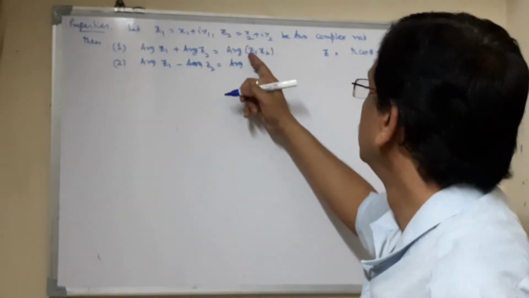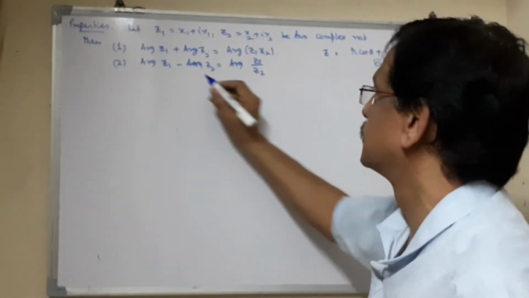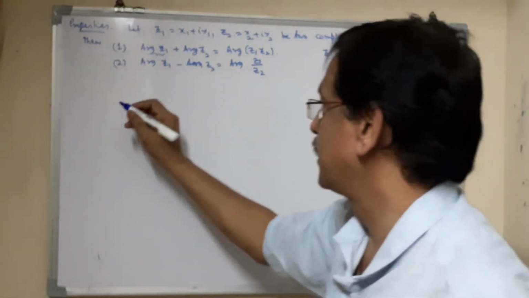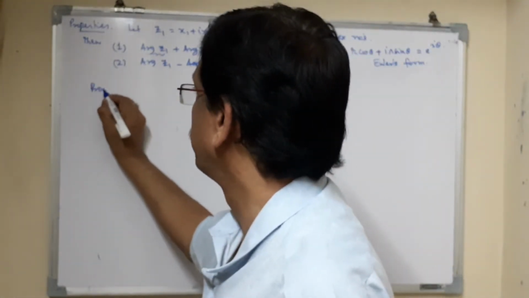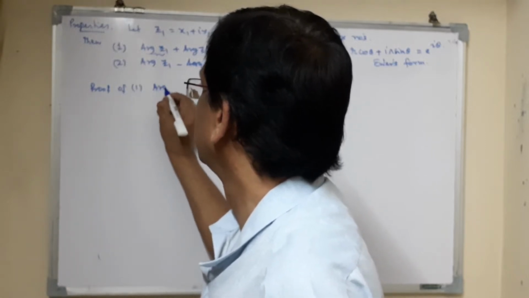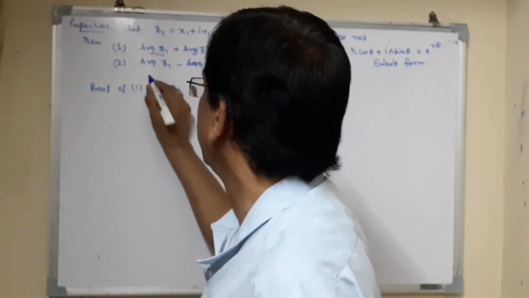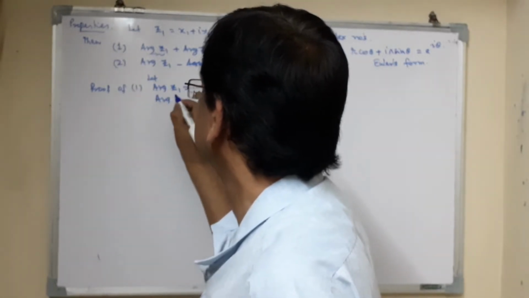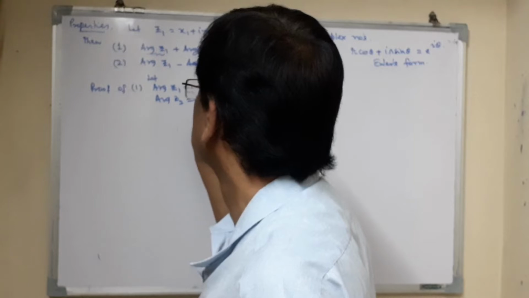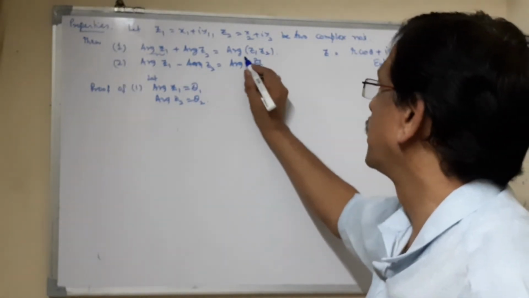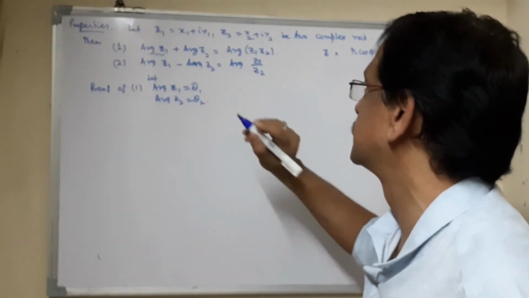For example, what is argument of Z1 Z2? So the proof of 1: argument of Z1 equal to theta 1, argument of Z2 is equal to theta 2. Now what is Z1 Z2? We have to prove that the argument of Z1 Z2 is theta 1 plus theta 2.